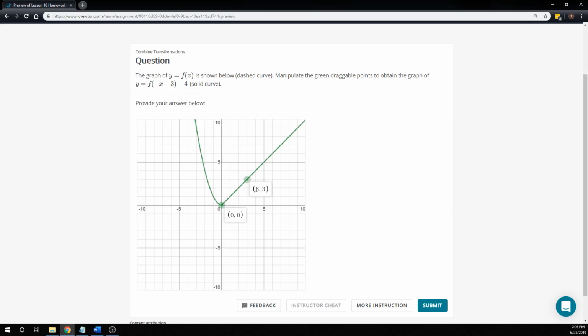Clicking on this point, I can see that this point has an x value of 3. Right? And so I would change that to be a -3. So I would drag that over here and make it a -3, like that. Right? And this point stayed put, which is good. Otherwise, I would have had to drag it back to where it was. And sometimes you'll have to do that on these problems.